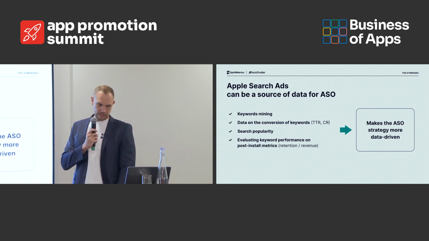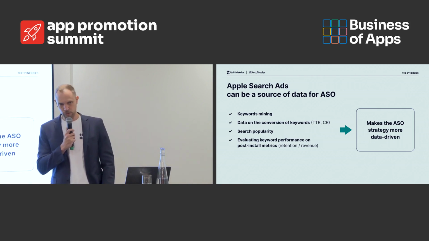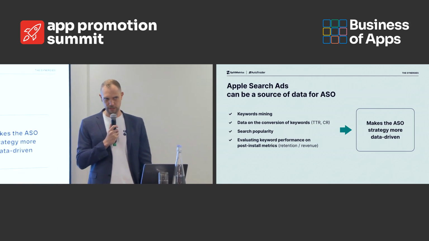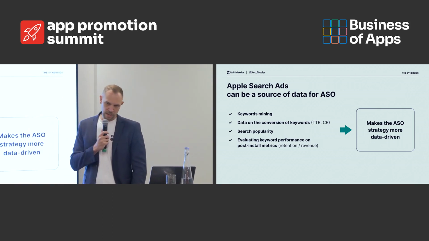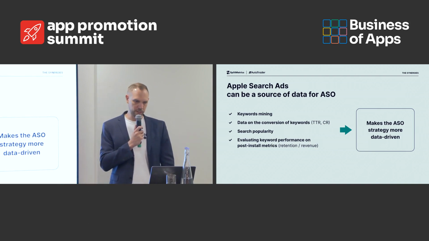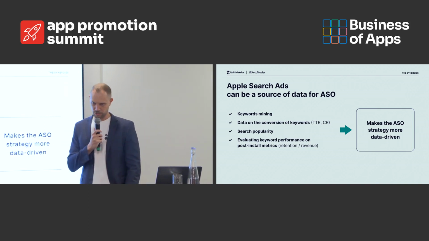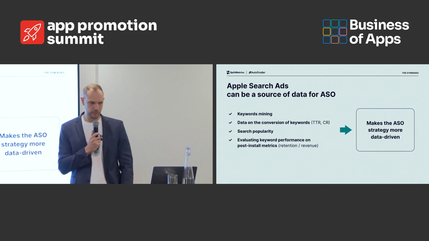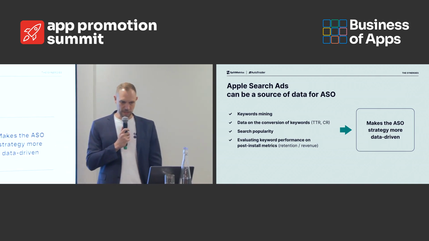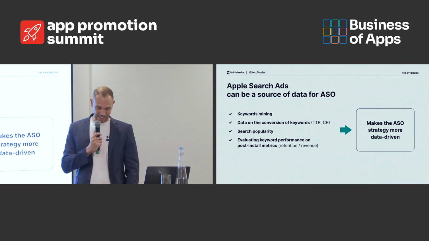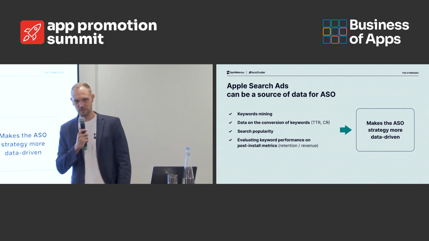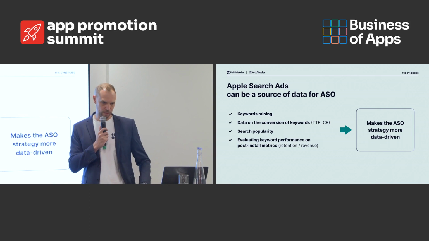You can measure the conversion rates on a specific keyword level as well as the tap-through rate. You can identify the search popularity, or in other words, how many people are actually searching for a specific keyword within the App Store. And you can mix and match that all together and analyze post-install metrics like retention rates as well as revenue.